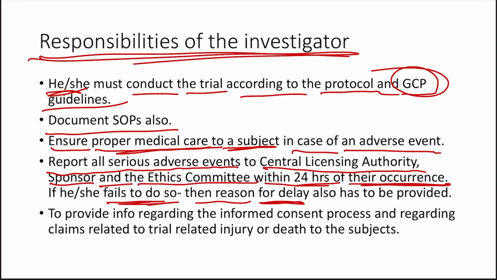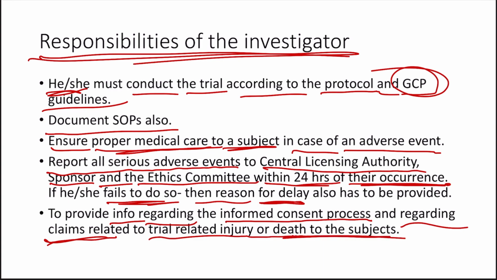Next, they also have to provide information regarding the informed consent process, and also regarding the claims which are related to the trial related injury or death to the subjects. So these are the main roles of the investigator, that is they have to conduct the trial according to the GCP guidelines, they have to document SOPs, they have to provide proper medical care to the subject in case of an adverse event, and all the serious adverse events have to be reported to the central licensing authority, sponsor and ethics committee within 24 hours of their occurrence.